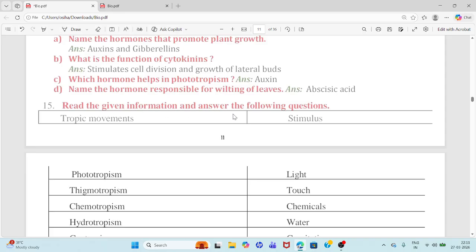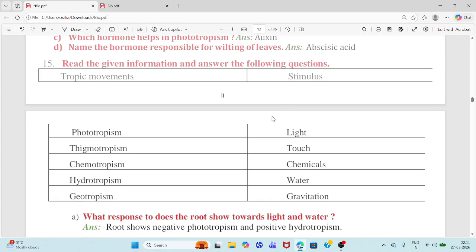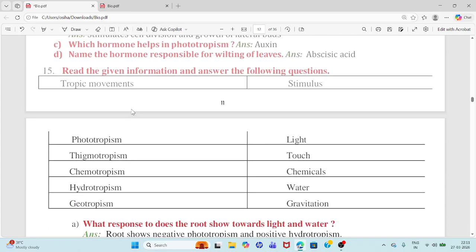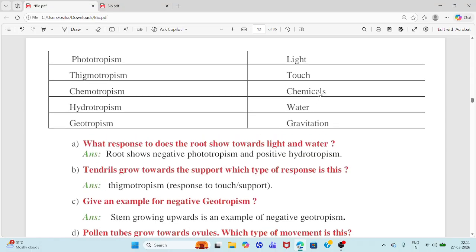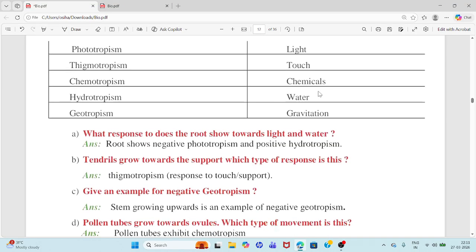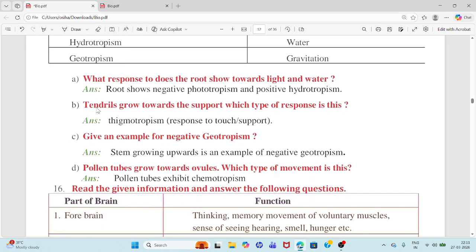15th question. Read the following information and answer the following questions. Read this table; here they have given tropic movements and stimulus. By reading the table, we have to write this. A. What response do the roots show towards light and water? Answer: roots show negative phototropism and positive hydrotropism. B. Tendrils grow towards the support. Which type of response is this?